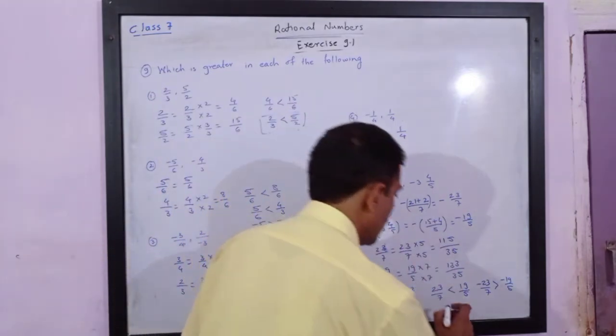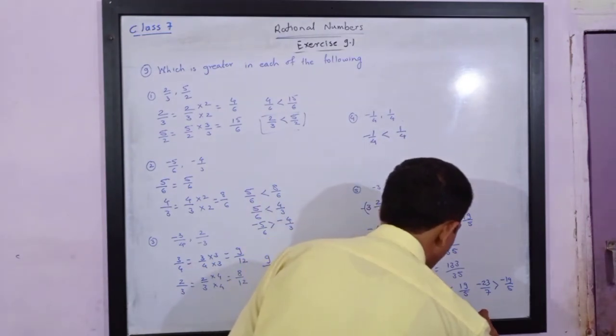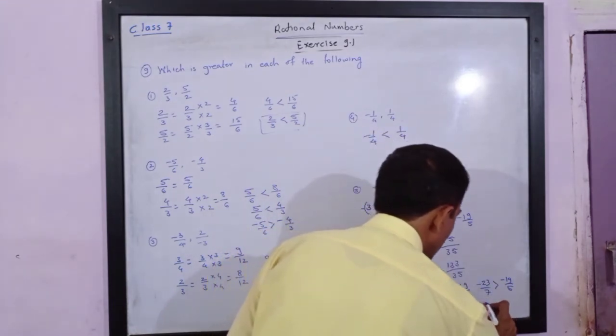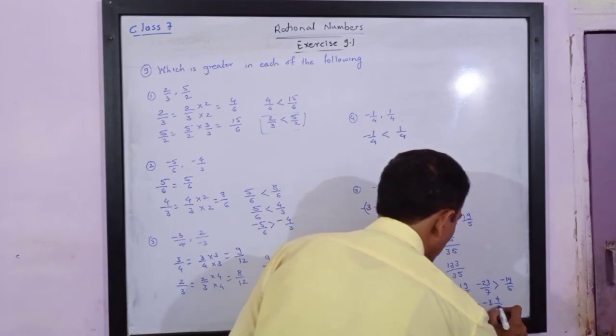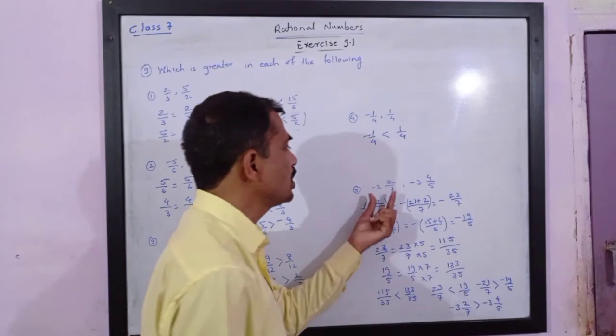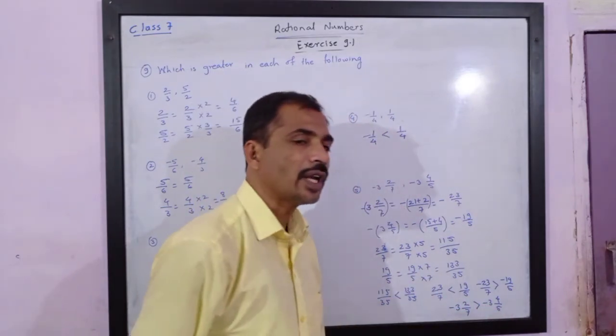It means negative 3 integer 2 upon 7 is bigger than negative 3 integer 4 upon 5. So, first mixed fraction is bigger than the second mixed fraction.